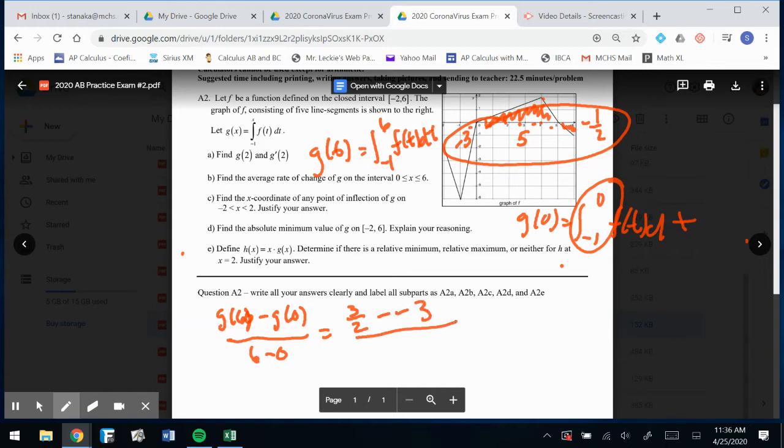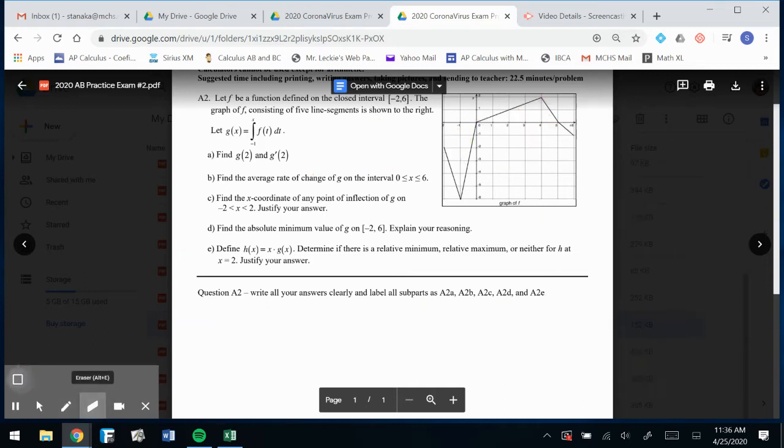Because we're going to subtract it, and then that's all over 6 minus 0, which would be 3/2 plus 3, which is 6 over 2, which would be 9 over 2, which would be 9 over 12, which would be 3/4. Okay, and looking up here, wow. For that one here, this master calc teacher says that'd only be worth a point. How about that? I think it probably would be worth 2.